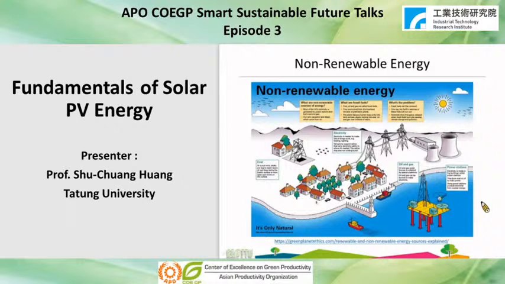Most of the non-renewable energy sources are fossil fuels, for example, coal, gas, and oil, which have limited supply.